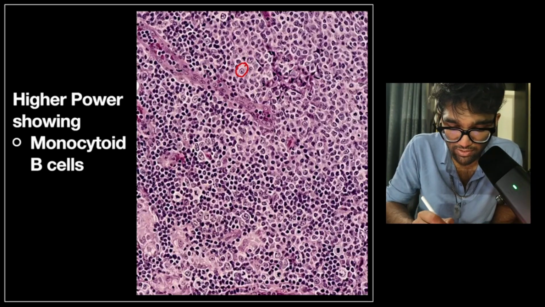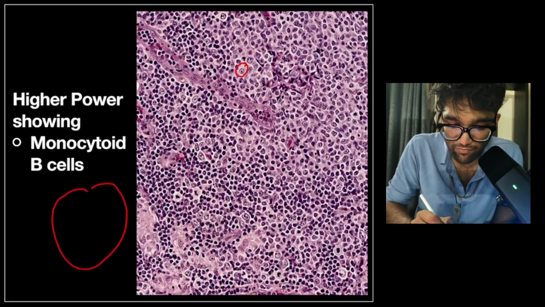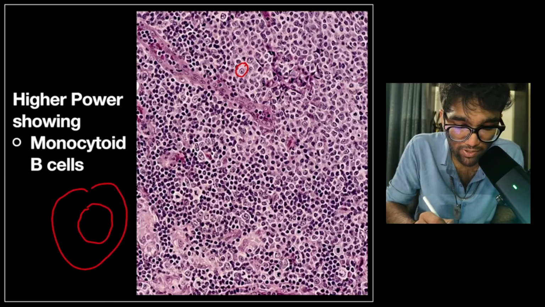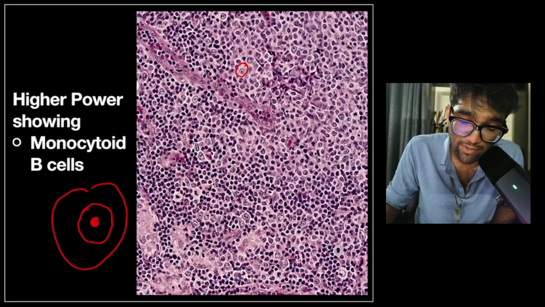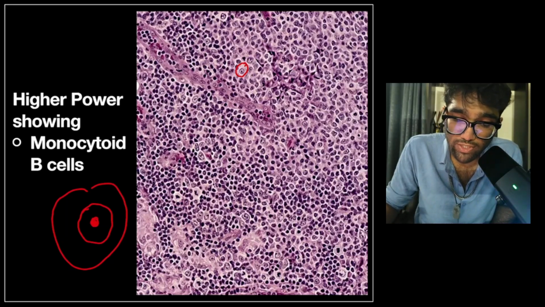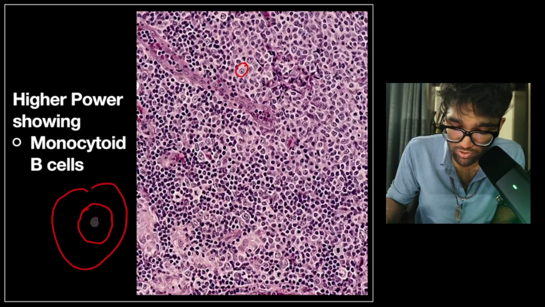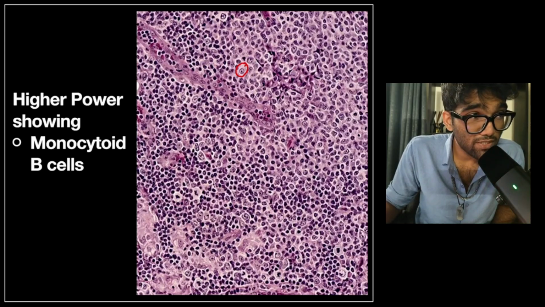Suffice to say, this is a relatively large cell with a dense cytoplasm, a centrally located nucleus, and otherwise fine vesicular chromatin. So this is a monocytoid B cell, and monocytoid B cells look like monocytes but stain for B cell markers.